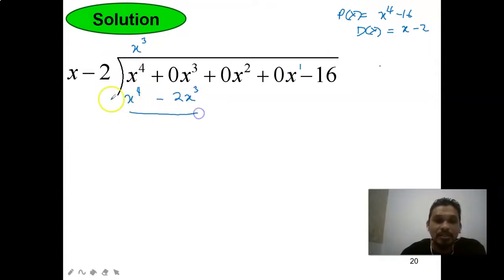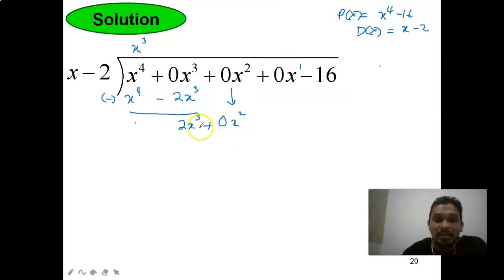Okay, so then minus here. So x power of 4 minus x power of 4, 0. Negative times negative becomes positive. So 0x cubed plus 2x cubed, 2x cubed. Then bring down here plus 0x squared.